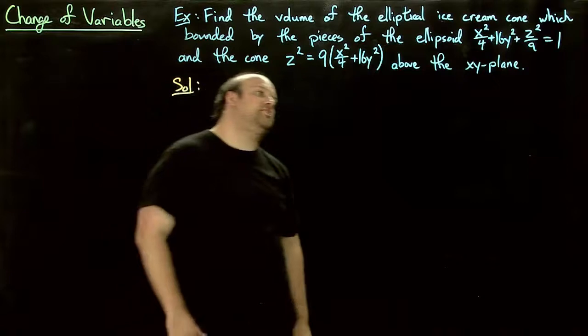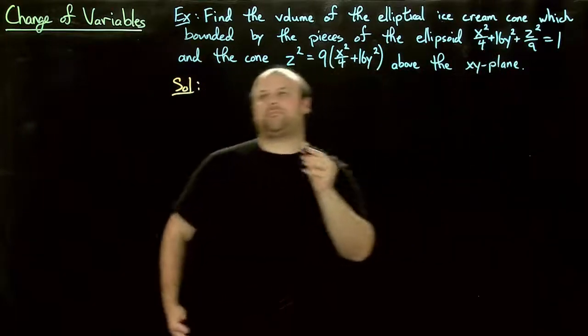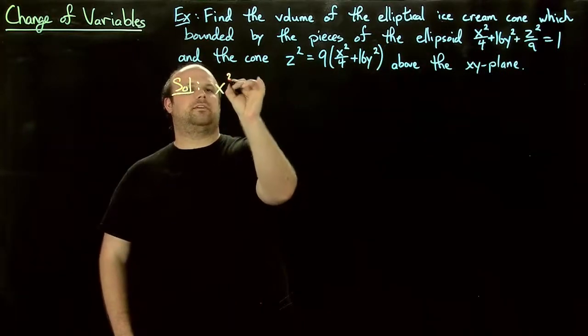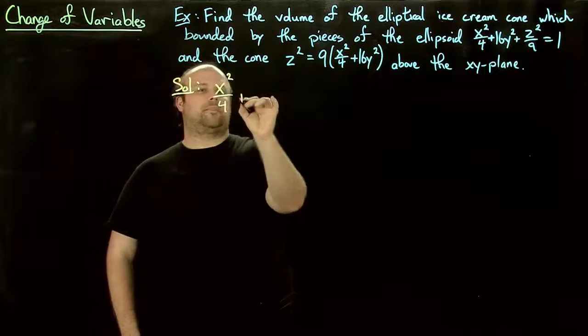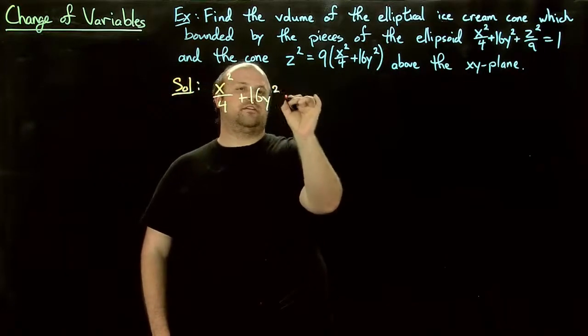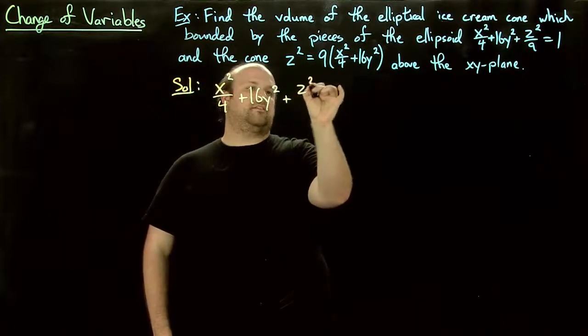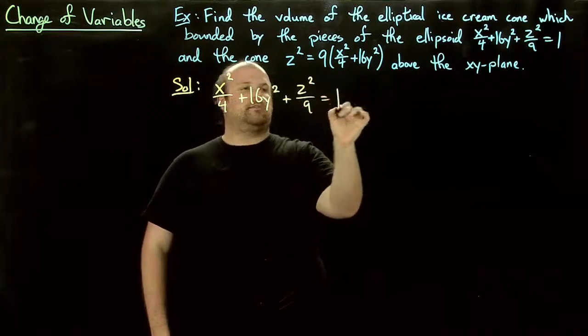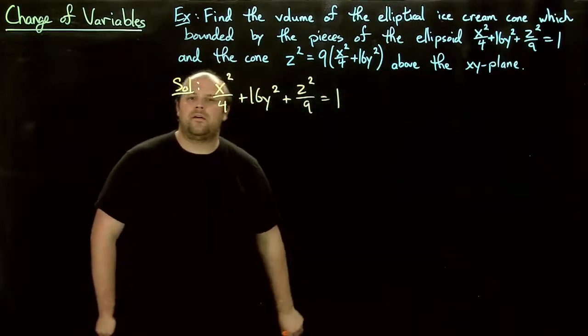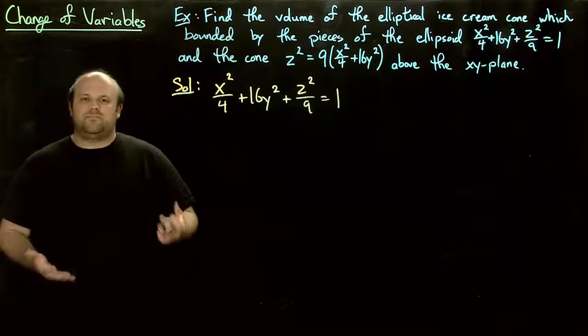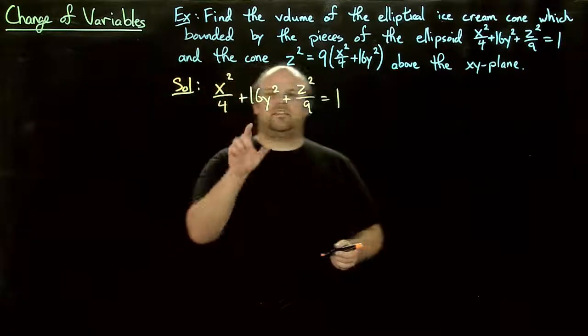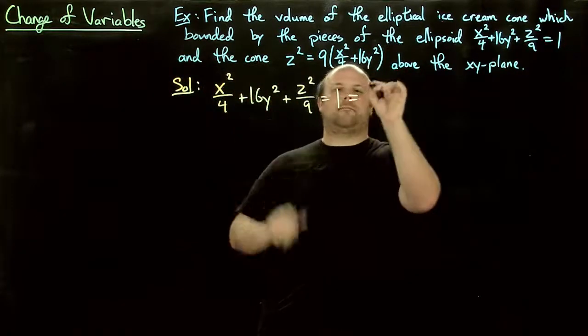looking at our equation for an ellipsoid here. We have x squared over 4 plus 16y squared plus z squared over 9 equals 1. There's a bunch of mess in here, but let's rewrite this.